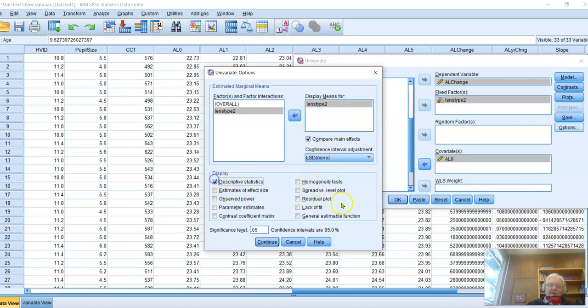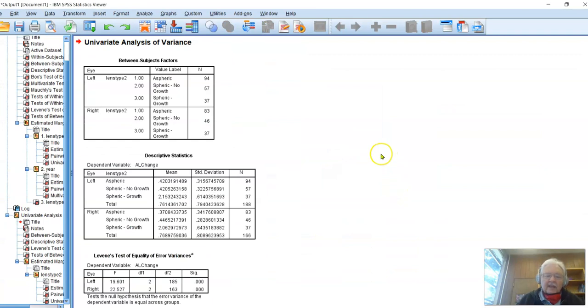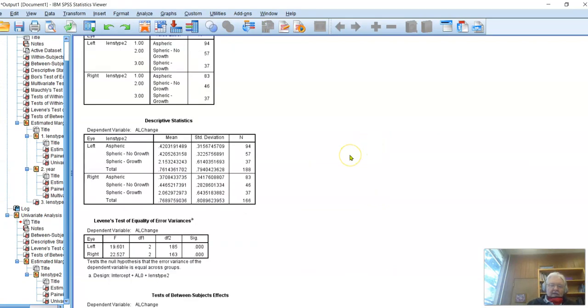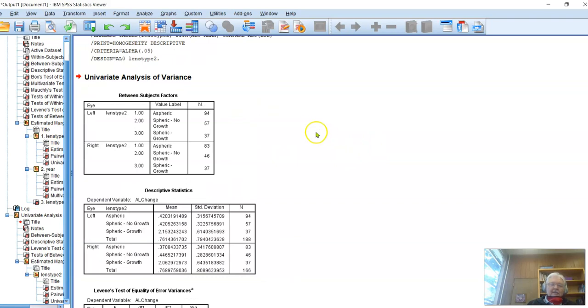We can put in our descriptive statistics and our homogeneity tests. All right, so let's continue. Okay. And when we look at this, what do we get? Oh, we've still got our file split, which is okay, which we need to do, really.